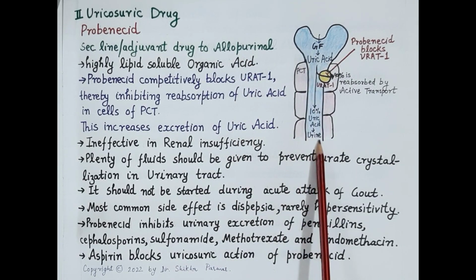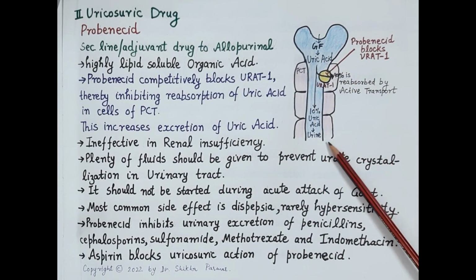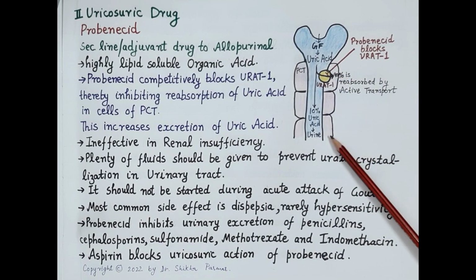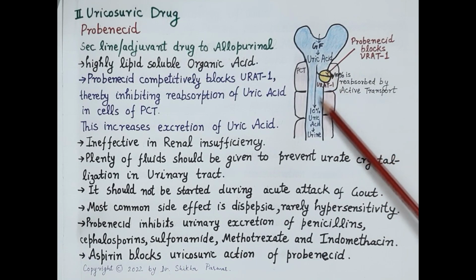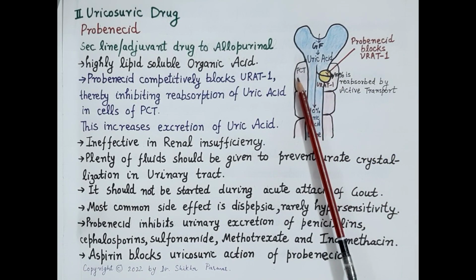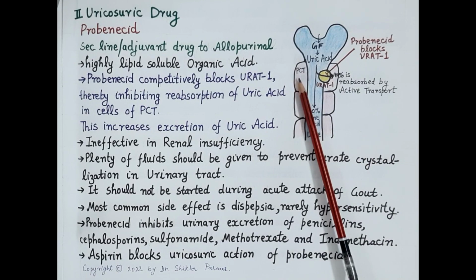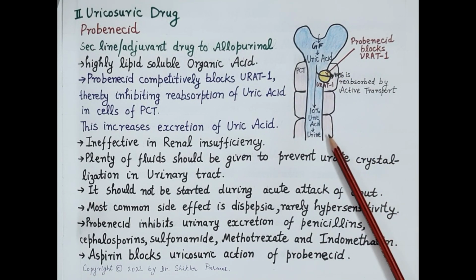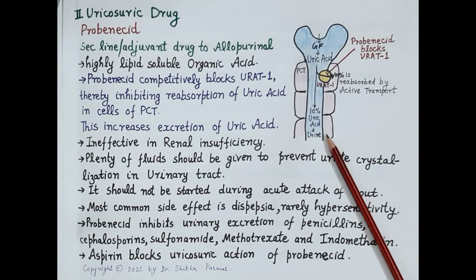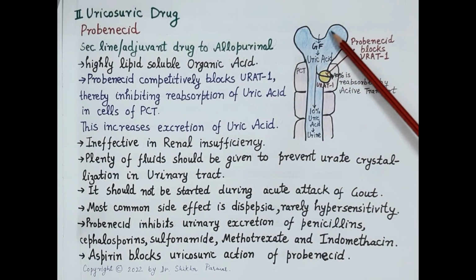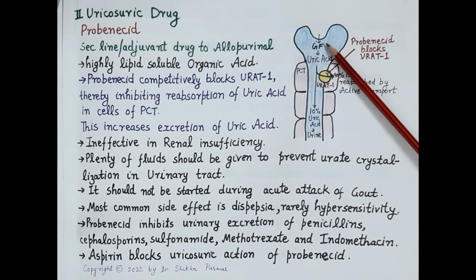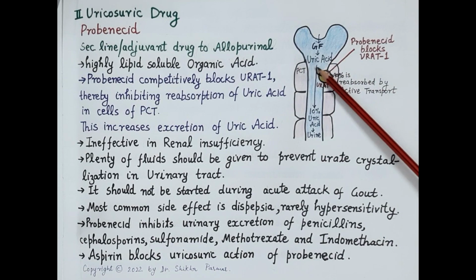Now, look at this figure. This figure shows a nephron. Nephron, as we know, is the functional unit of the kidney. This is the first part of the nephron, and it is termed the proximal convoluted tubule. These are the cells of the proximal convoluted tubule. Uric acid is predominantly excreted by the kidneys.